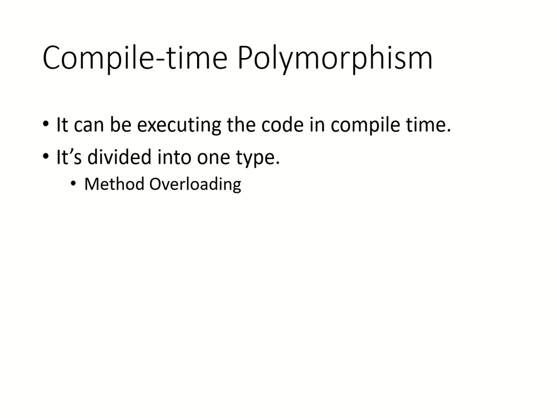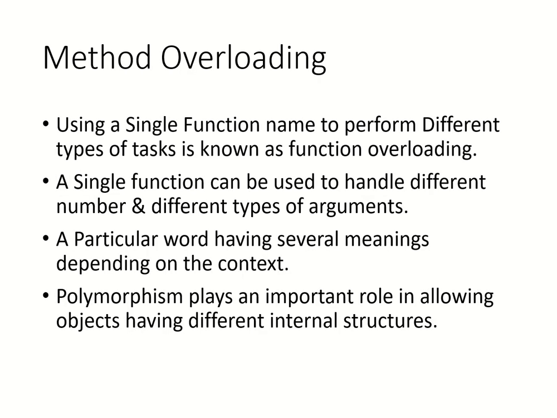Compile time polymorphism executes at compile time, and it is method overloading. Method overloading is using the same method name with different arguments. Different arguments means parameters like integer, float, string, character.